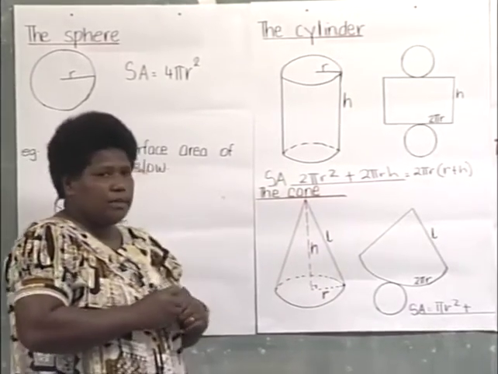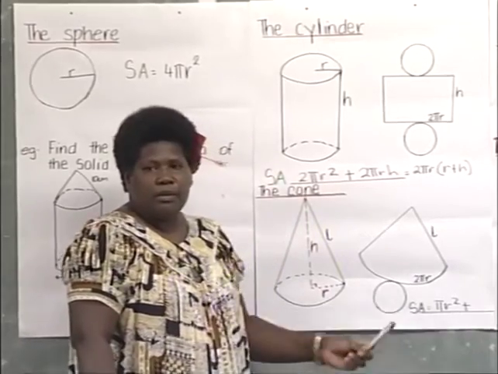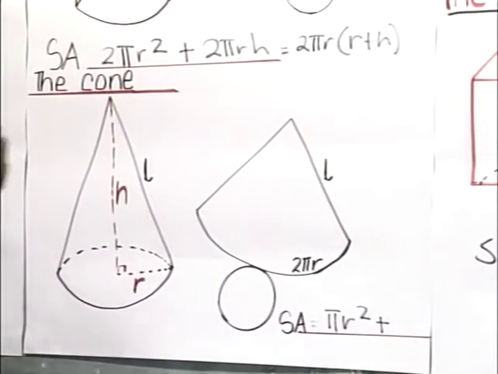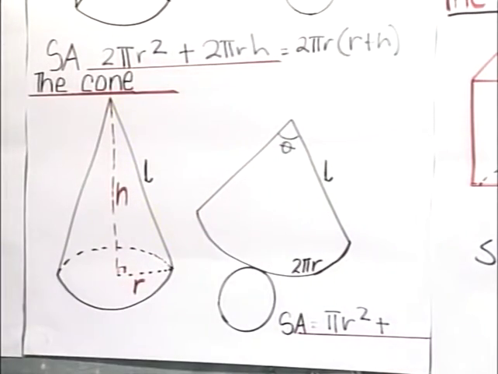Okay, I just want to prove to you the other part of the surface area of a cone and why it is written that way. If I had an angle theta here, just have a look to this side.